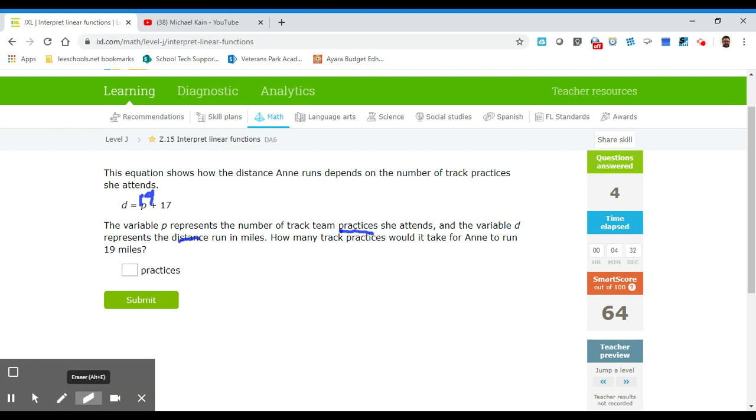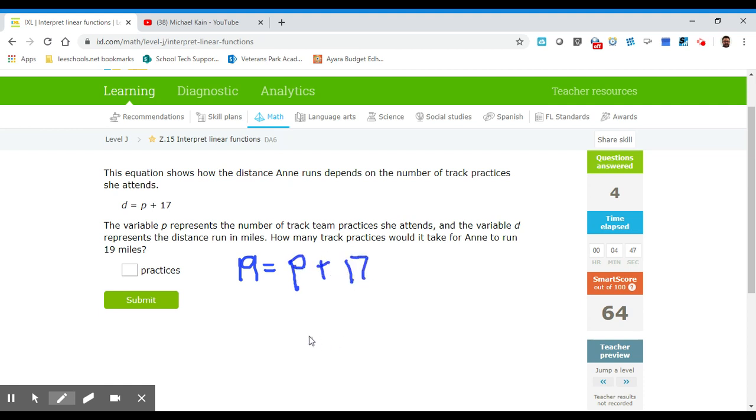So what we have to do for this one is plug in 19 here for distance. 19 equals what number plus 17? And we can do mental math here, right? 2 plus 17 is 19. But if you want to use algebra, you could do that.